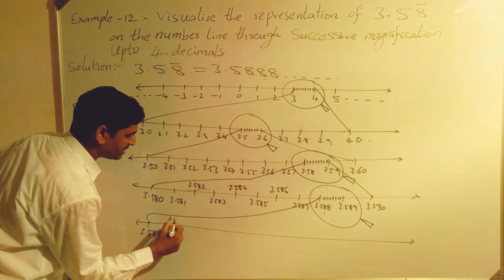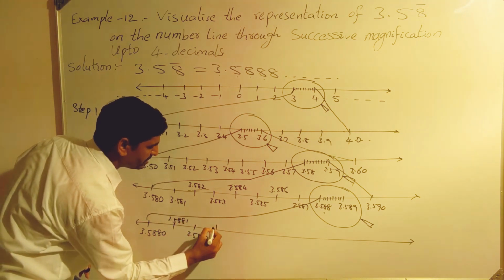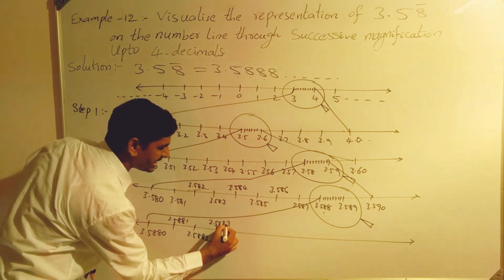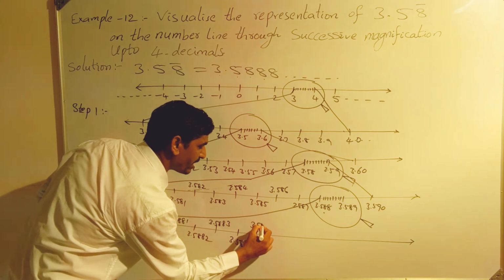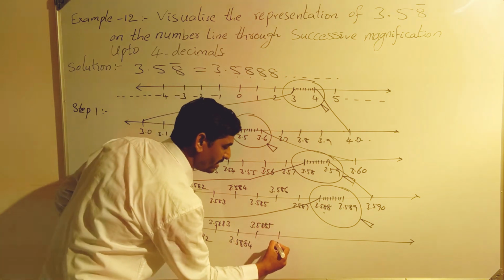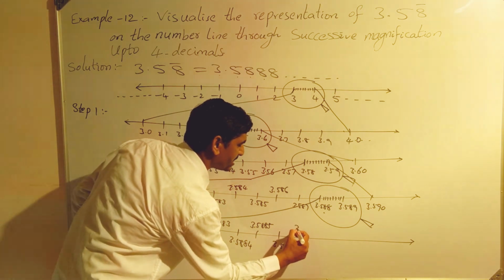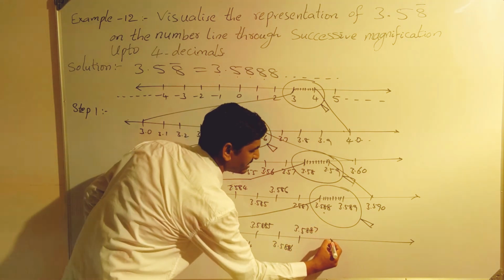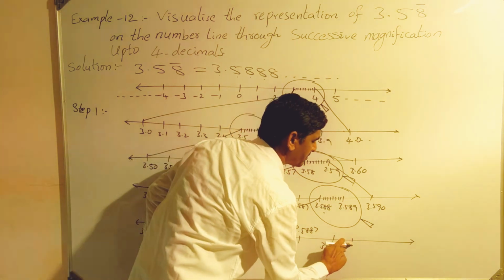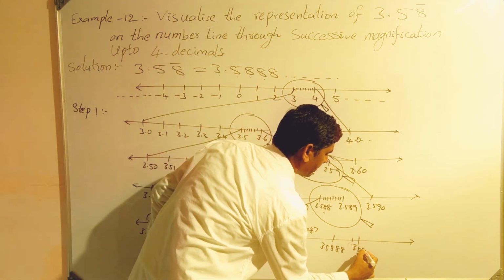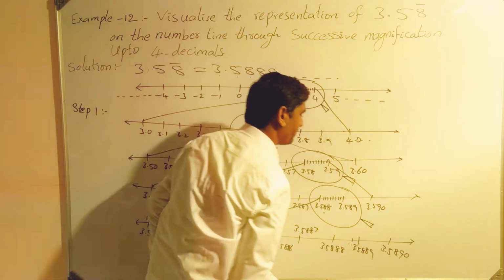Then 3.5881, 3.5882, 3.5883, 3.5884, 3.5885, 3.5886, 3.5887, 3.5888, 3.5889, 3.5890.